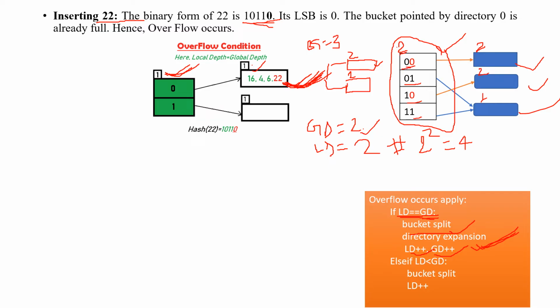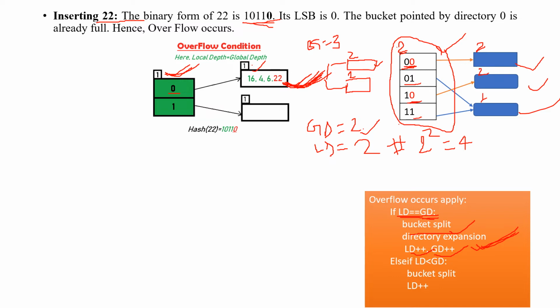Which bucket is 00 going to point to, which bucket is 01 going to point to, which bucket is 10 going to point to, which bucket is 11 going to point to? For that reason, here you see that 0 is pointing to the 0th bucket. So go and check wherever the first LSB bit is 0, then you check the immediately next bit.